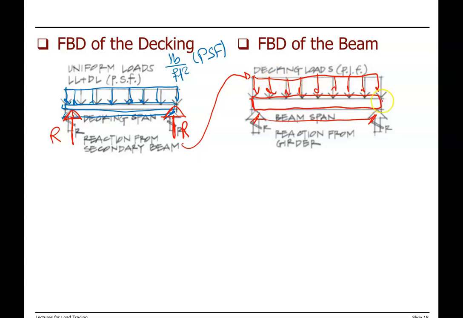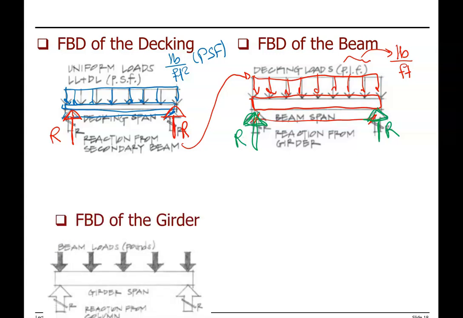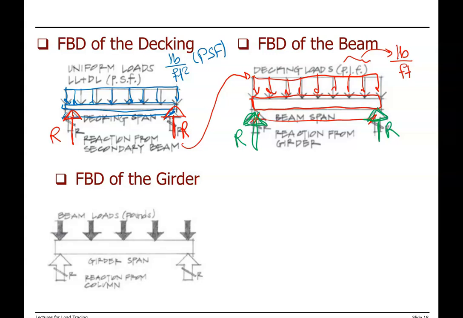Now you see that on the beam we have the load in pounds per foot, or PLF. So we have the load, we have the length of the beam, and we calculate reactions here. These reactions are the loads or forces transferred to the girders supporting our beams. So these are the loads transferred.